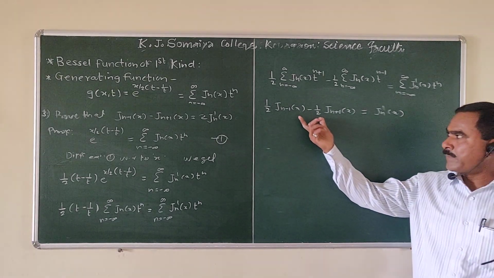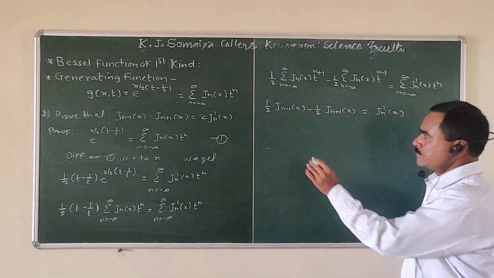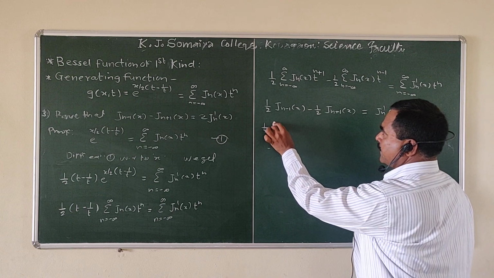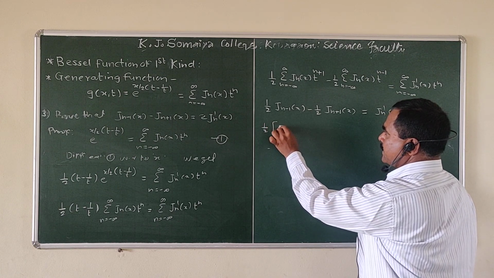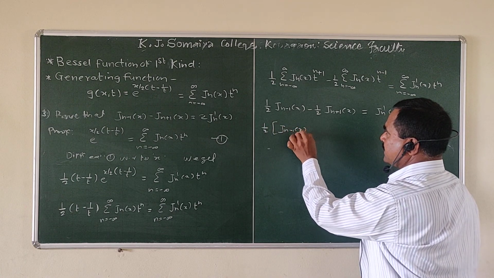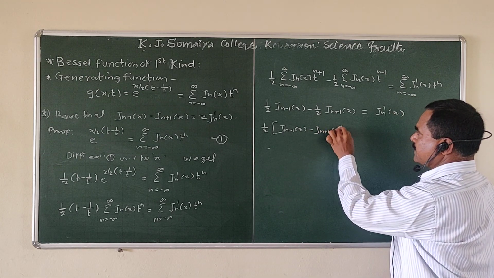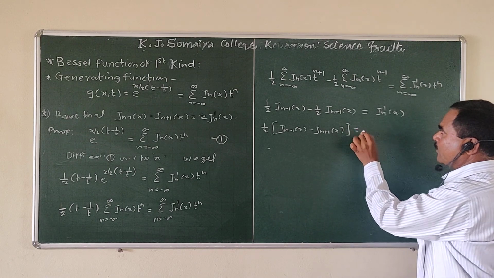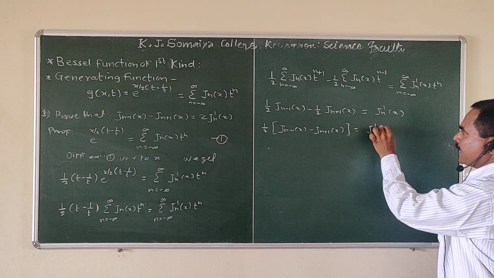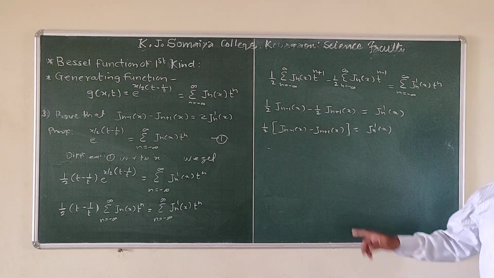Then we take half common, half in bracket we write J n minus 1 of x minus J n plus 1 of x, bracket complete, equal to J n dash x.